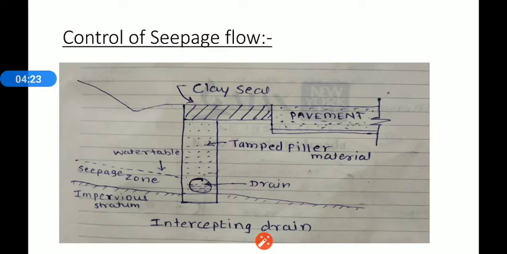A clay seal is provided above the surface near the pavement, and after that clay seal, temporary filler material is constructed below. The water table rises, seepage zones are also seen, and drainage is provided in that system. This is the type of intercepting drain used in the control of seepage flow.